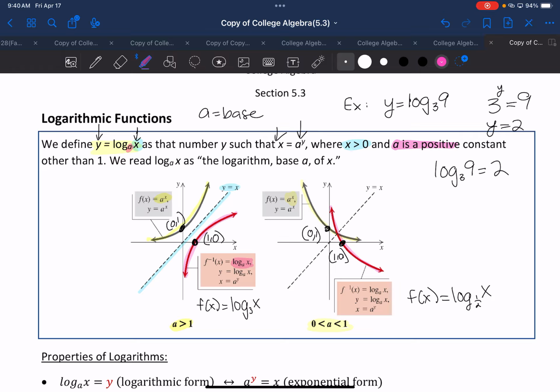If I have a positive base, like this 3 here, there's no exponent that I can raise it to that will give me a negative number. If I take a positive number and square it or cube it or raise it to the 4th, it'll always be positive. So we're only considering all the positive cases with log functions, okay?